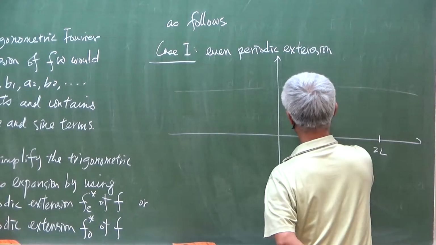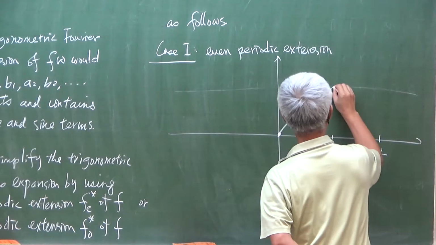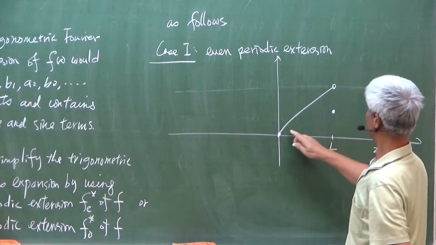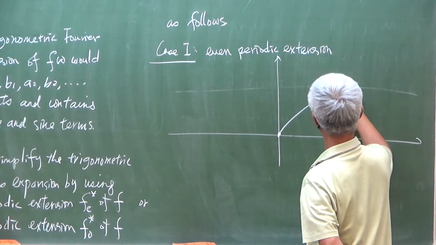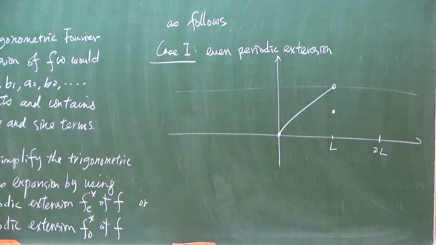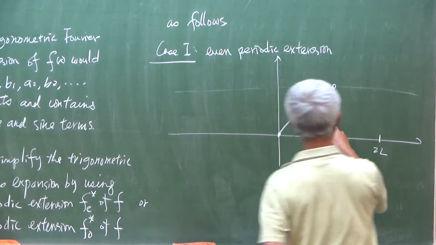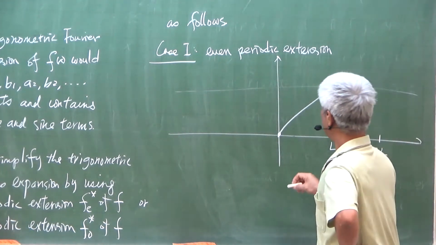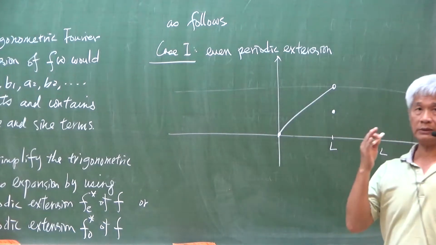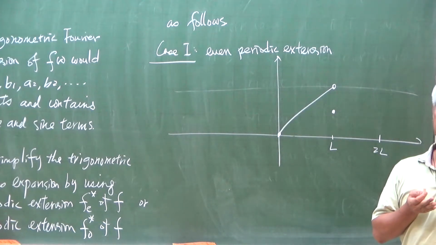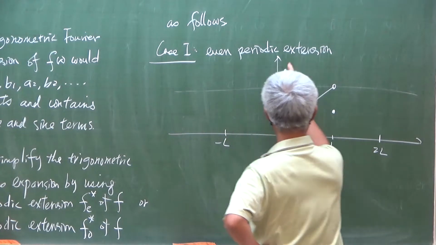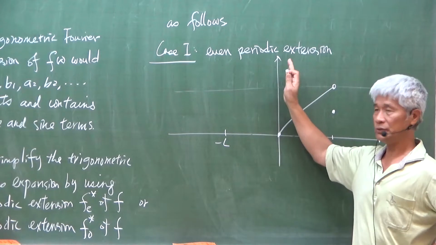Suppose we use this version that the function f has a value, say about 1/2, at point L. And we want to construct an even periodic function. How can we construct it? Well, we just construct an image of this part through the mirror.